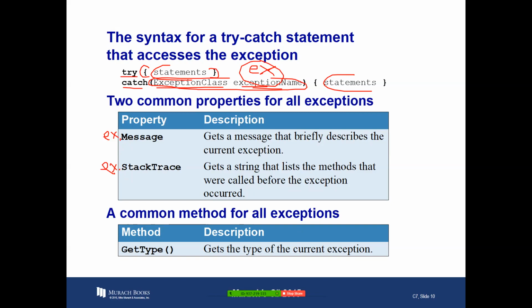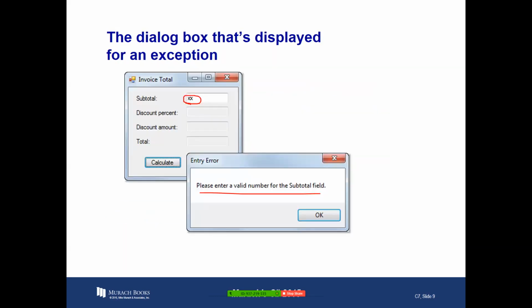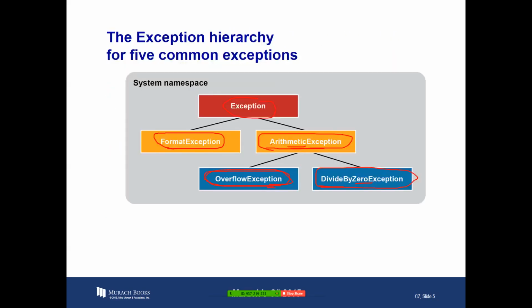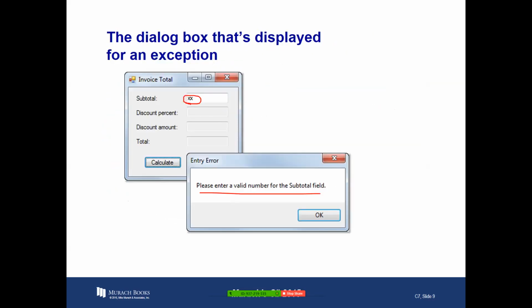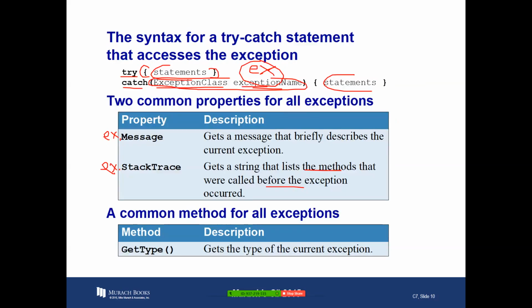And stackTrace will list all the methods that were called just before the exception occurred. And then you also have this method, EX.GetType, which will tell you the type of the current exception, whether it's an arithmetic exception or overflow or whatever.